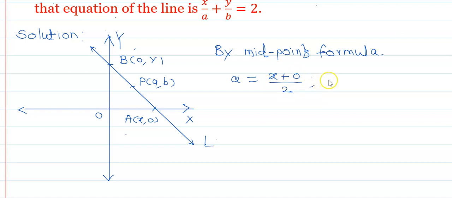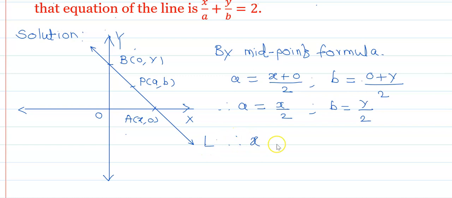And what about the second coordinate? b is equal to (y1 plus y2) upon 2. y1 is 0 and y2 is y, upon 2. And therefore, here a is equal to x upon 2 and b is equal to y upon 2. And hence, we have x is equal to 2a and y is equal to 2b.